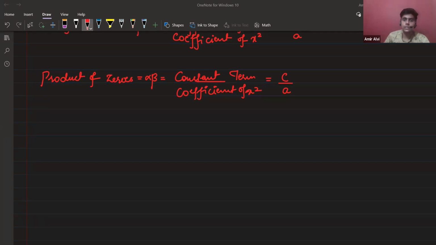This is an example from the NCERT examples. The question says: find the zeros of the polynomial and verify the relation between zeros and the coefficients. x square plus 7x plus 10. I'm taking a very basic question so that you can understand how to implement the above concept in a specific question.